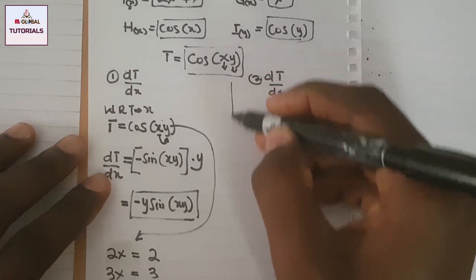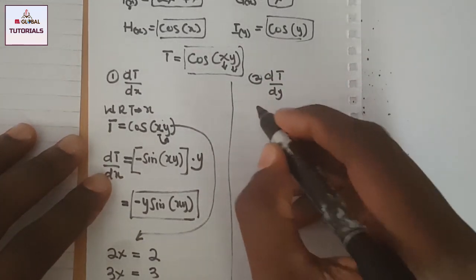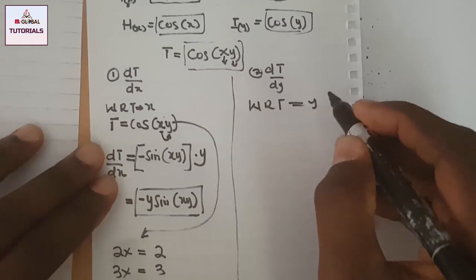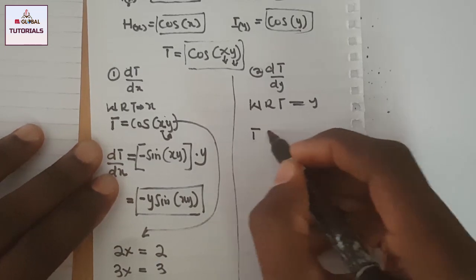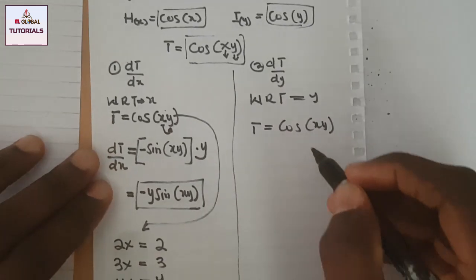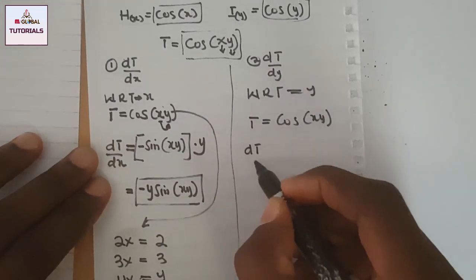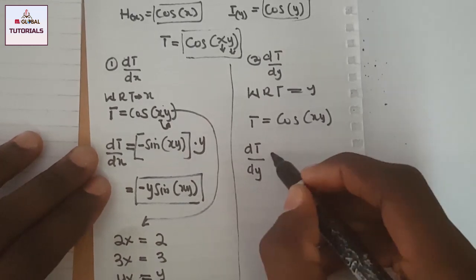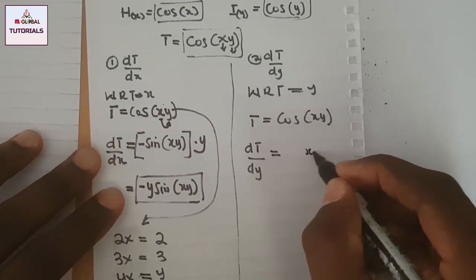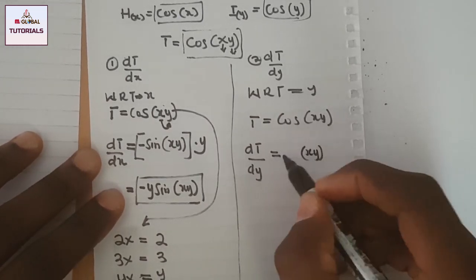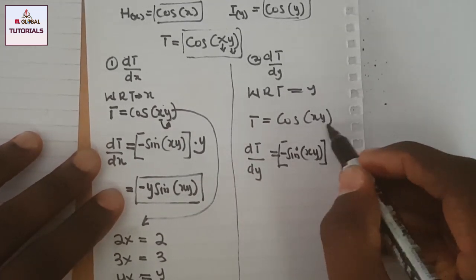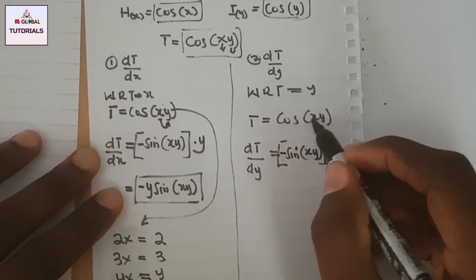Then you're going to differentiate with respect to y. So y is the independent variable. The same t is equal to cos xy. Alright, dt dy is equal to: we maintain xy, differentiate cos to get minus sine, put the whole in brackets, and differentiate xy.